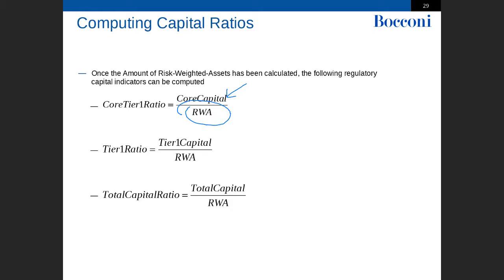When we have 13%, for example, you have $13 of capital associated to the level of risks.